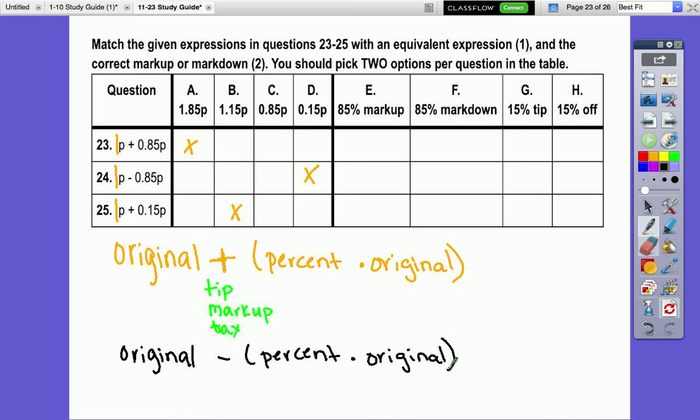And now our minus right here could easily be a markdown, percent off, or any other discounts. So let's look. All you have to do is look and see if you have a plus or a minus. So we have plus 85. So that we have to look at E, F, and G. We have 85% markup, an 85% markdown, a 15% tip, or 15% off.